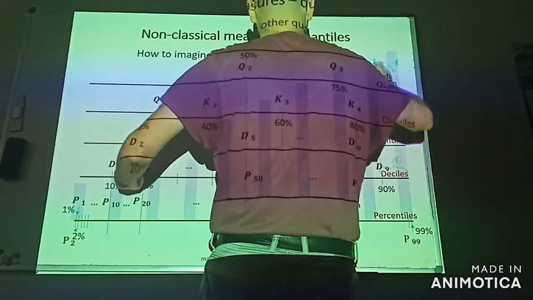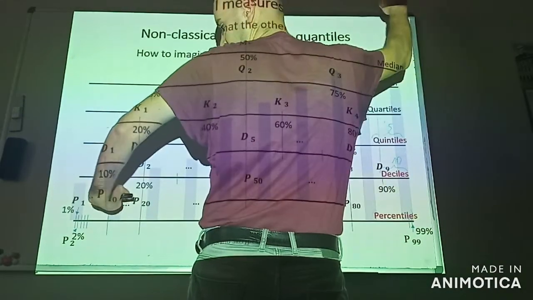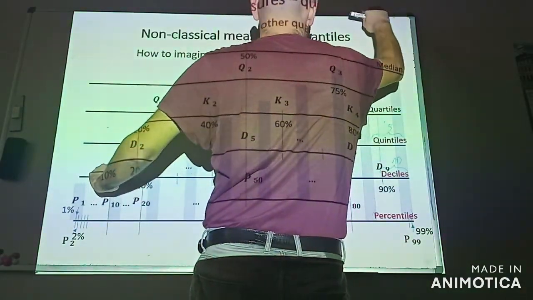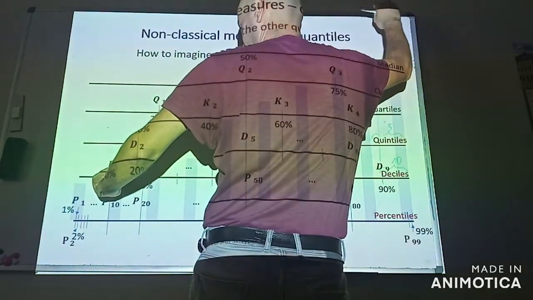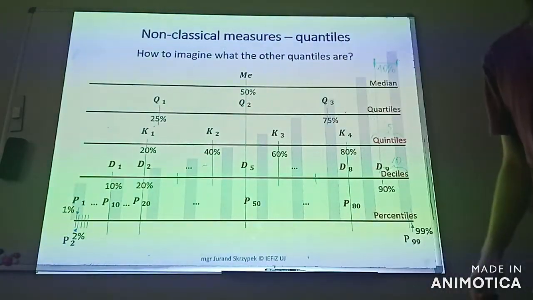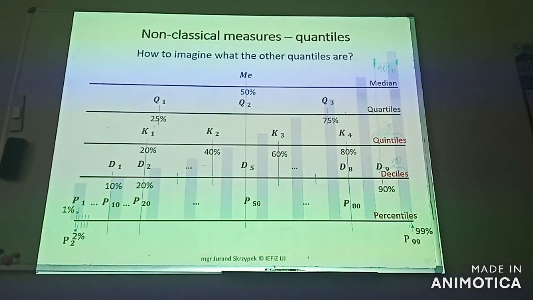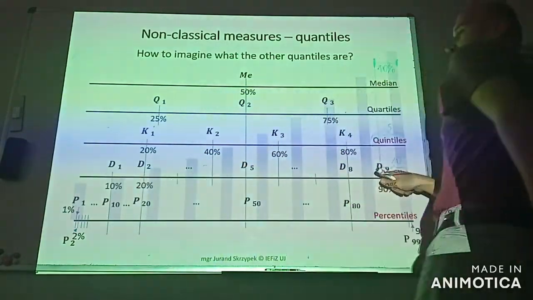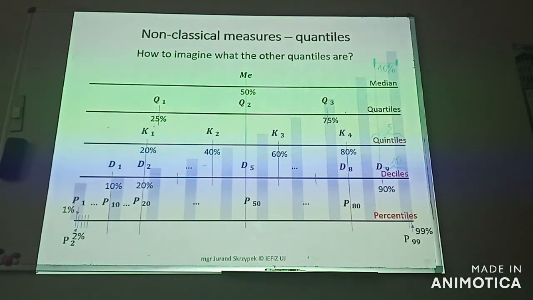If we have high differences, for example in the monthly salaries, the difference between the ninth and the first decile is quite high. So we talk about the huge differentiation in the data set.